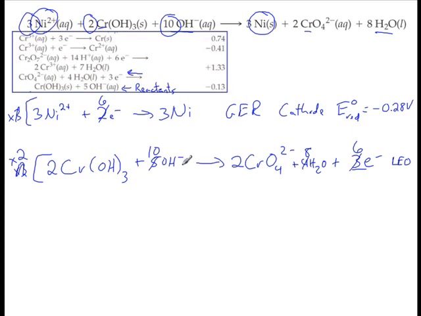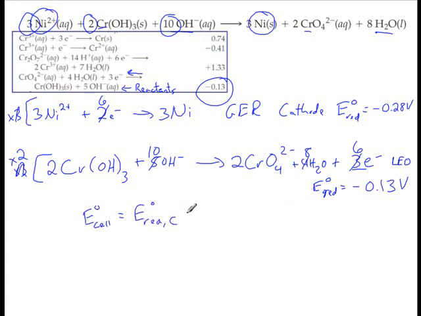I'm happy with it. And again, what this is telling me, well, actually it's telling me two things. That is the reduction potential, and I'm just going to transfer it here: it's negative 0.13 volts, and I'm taking it as written there. I'm going to use that to figure out the EMF of the cell. Remember, that's the reduction occurring at the cathode minus the reduction potential at the anode.